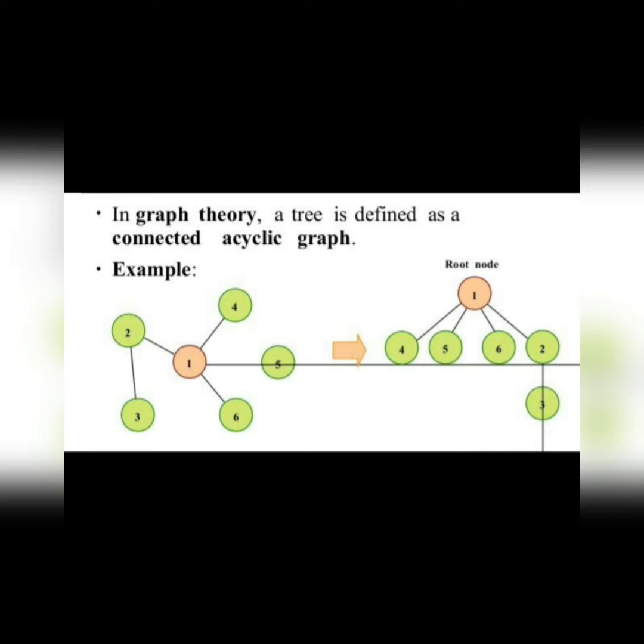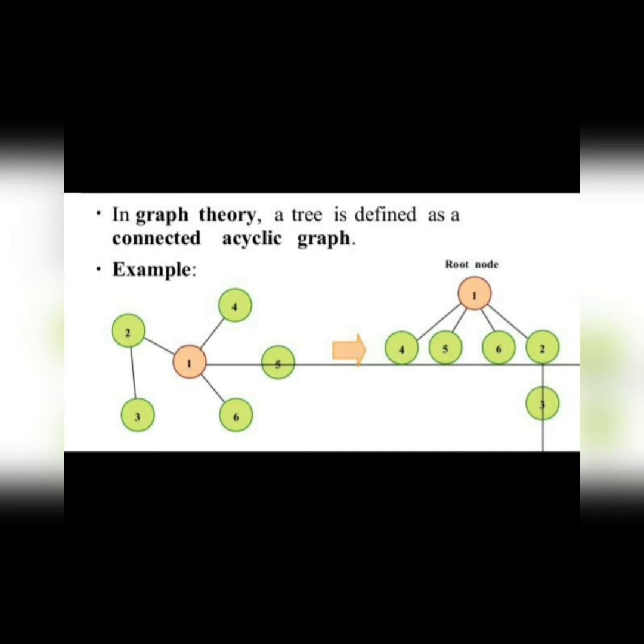So firstly, let's have a look at what a tree is. Before looking at a tree, we must have an idea about what a connected graph is and what acyclic is. These two terms are very important while discussing trees. In graph theory, a tree is defined as a connected acyclic graph. Connected means if you take any two vertices in a graph, there must be a path.